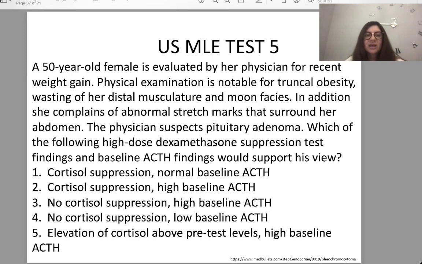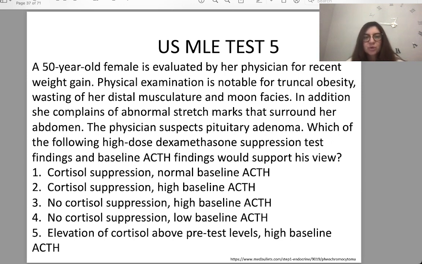Test 5. A 50-year-old female is evaluated by her physician for recent weight gain. Physical exam is notable for truncal obesity, wasting of her distal musculature and moon face. In addition, she complains of abnormal stretch marks that surround her abdomen. The physician suspects pituitary adenoma. Which of the following high-dose dexamethasone suppression test findings and baseline ACTH findings would support his view?